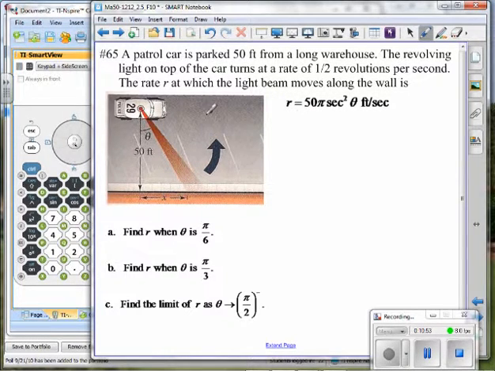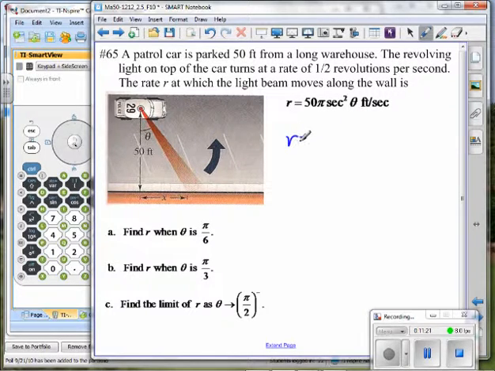So this is the rate. This is the wall. Everyone's had a situation. You know what the light on top of a car does and so forth. And so it is moving in this direction. It's 50 feet from here. This is your angle theta. And the rate at which it moves along the wall is given by this: 50 pi secant squared theta.